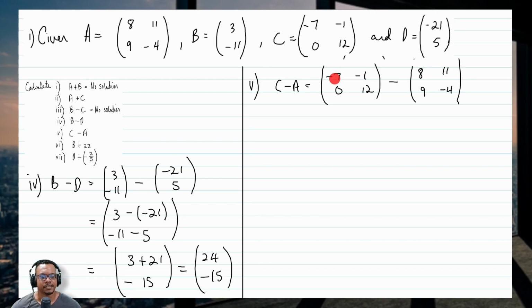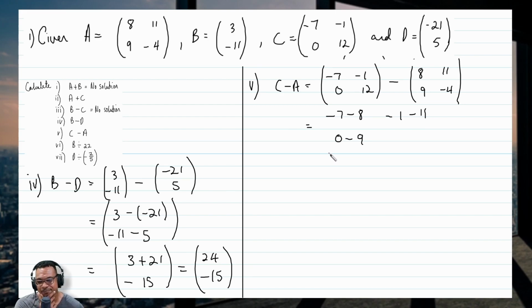So now we have negative 7 take away 8. Then we have negative 1 take away 11. Then we have 0 take away 9.